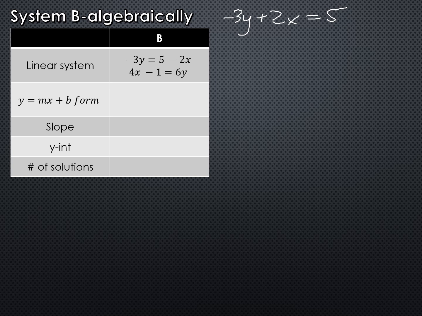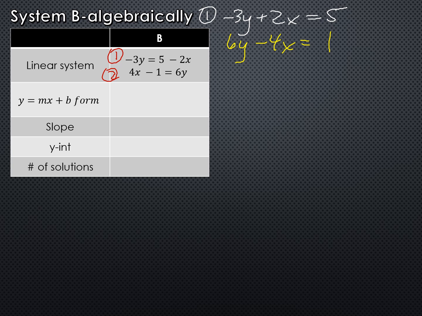That's my new equation number 1. And my new equation number 2, if I write it the same way, would be 6y minus 4x equals 1.